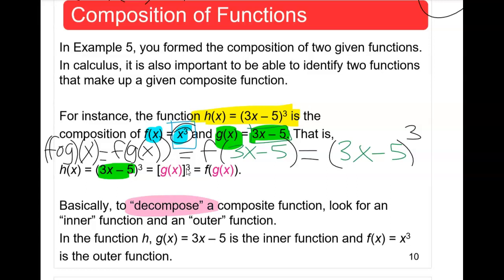And so, yeah, this is a good skill to have. And we call the inner function, again, always the one that is mentioned second in the composition. That's the inner function. And here f is the outer function.